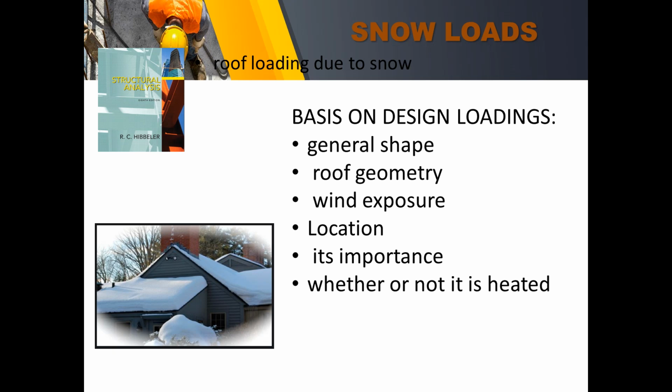So in the international context, we have the snow loads also. Of course, the snow loads will be directly carried by your roof. Okay. So the basis of the design will be general shape, roof geometry, the wind exposure, location, its importance, whether or not it is heated.